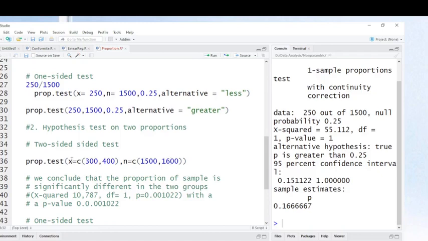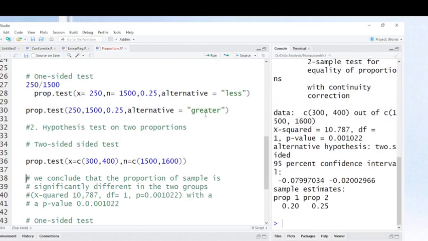As I said, this is the number of successes in this population, and this is the number of successes in this population, and we run the test to see whether there is a significant difference in these proportions. As you can see here, friends, this is the chi-squared, and this is the calculation of the test, and this is the degree of freedom, and this is the p-value.